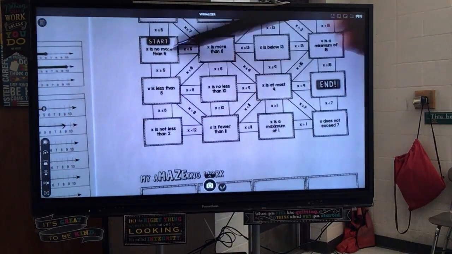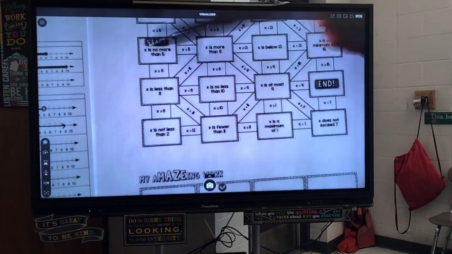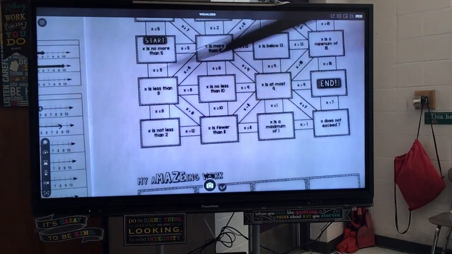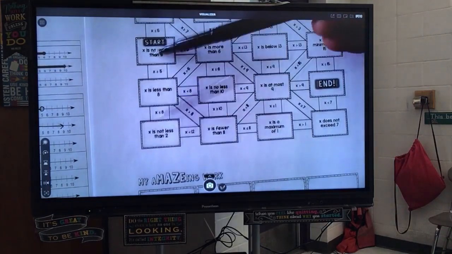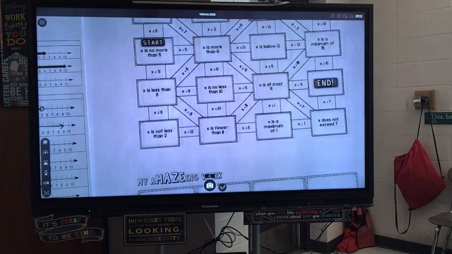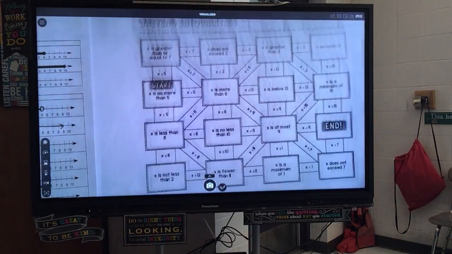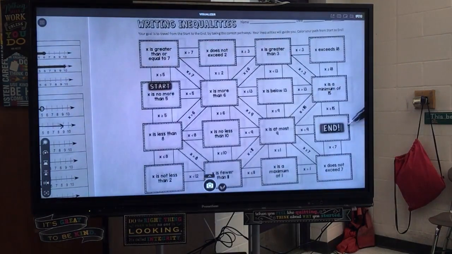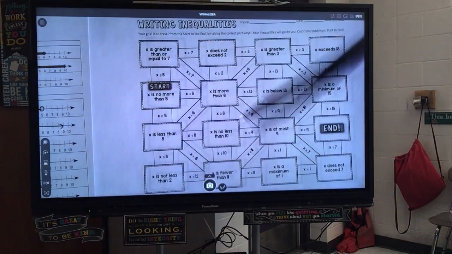So, for example, if it's x is no more than 5, you're going to pick either down, to the right, or up. Sorry, I don't even know my directions. And whichever direction you go, you then use that one. This is part of your homework, and the one problem from the note page is part of your homework.